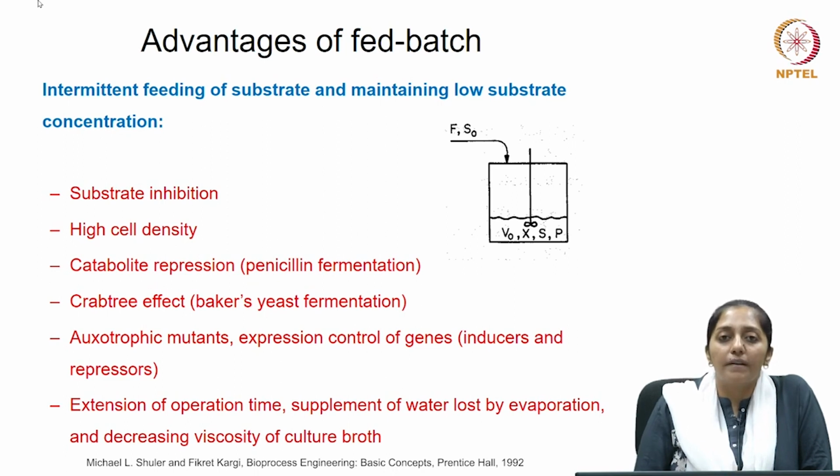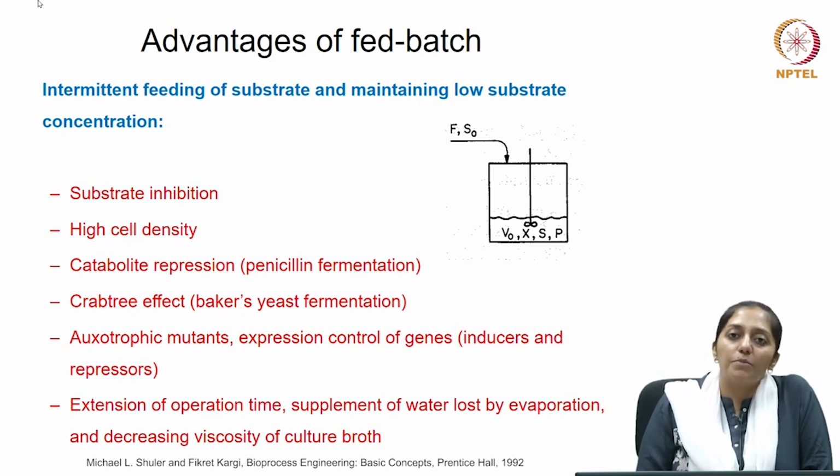Now, catabolite repression is one example which can be overcome by using a fed batch process. In penicillin fermentation, penicillin is an antibiotic, the organism is known to undergo catabolite repression because of the high amount of glucose present in the medium.